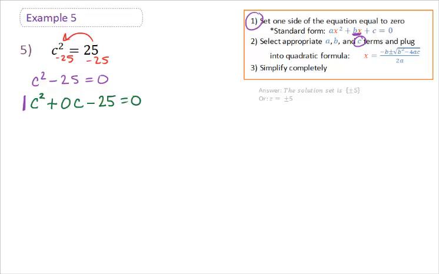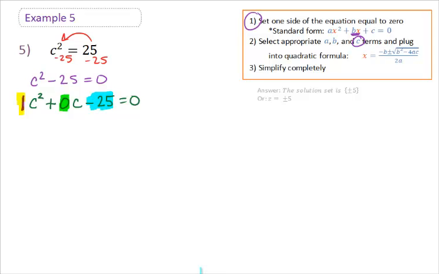Whatever your number here is your appropriate a value. Whatever your number in the middle is your appropriate b value. And whatever your number in the last, your constant, is your appropriate c value. So this c here stands for our variable that we're trying to solve for.